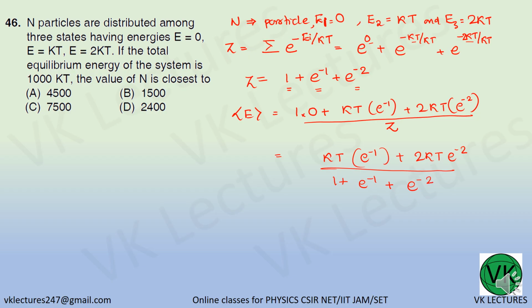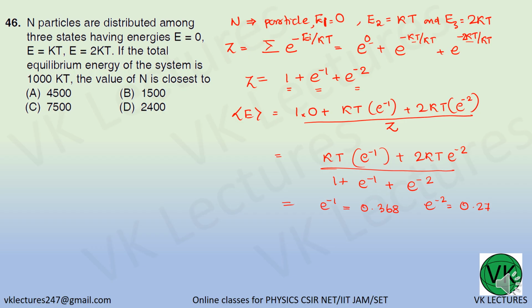Now substituting the values, e to the power minus 1 is 0.368 and e to the power minus 2 is 0.27.